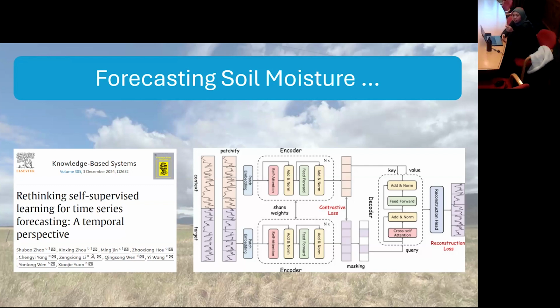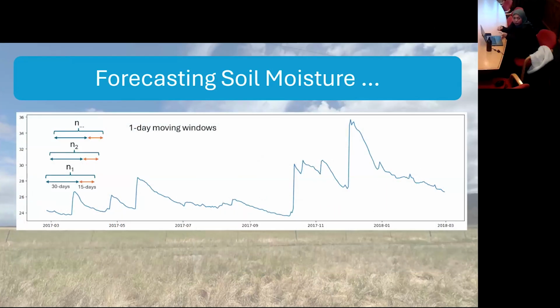They wish that the model that has learned the pattern of the soil moisture within the certain context can reconstruct the moisture pattern that they chose as a target. So using this framework, we try to implement it on the time series data of soil moisture from one site.